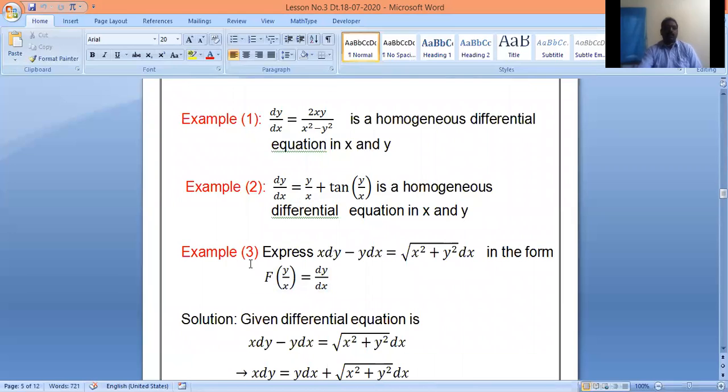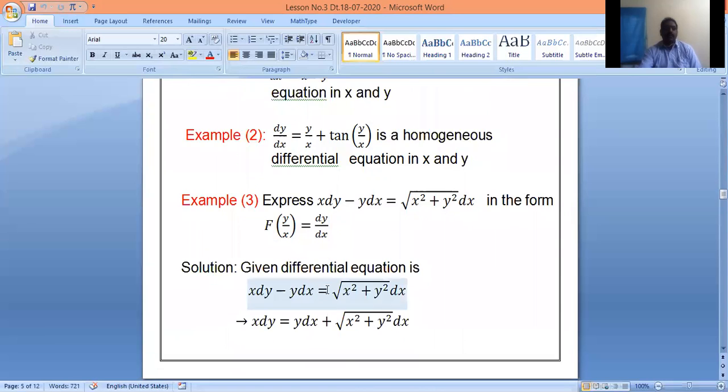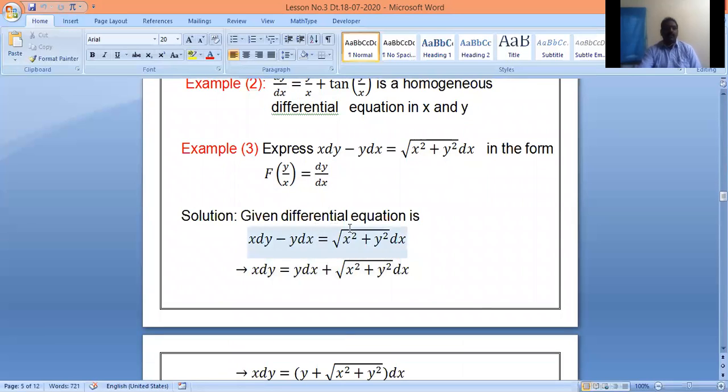Now, example 3: express x dy minus y dx is equal to under root of x square plus y square dx in the form dy by dx is equal to f of y by x. The given differential equation is x dy minus y dx is equal to under root of x square plus y square into dx.